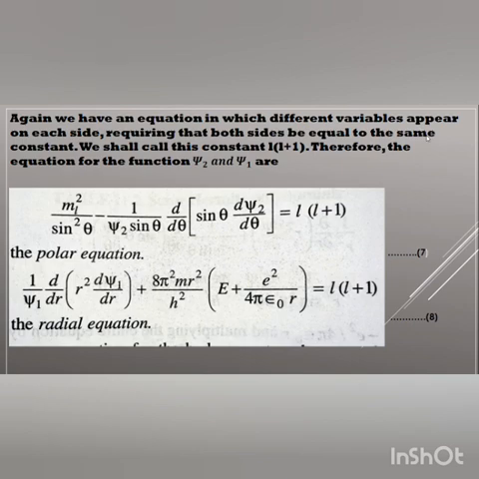Therefore the equations for the functions psi 2 and psi 1 are: m square L by sine square theta minus 1 by psi 2 sine theta del by del theta sine theta del psi 2 by del theta equals L plus 1, which is the polar equation, and 1 by psi 1 del by del r square del psi 1 by del r plus 8 pi square m r square by h square e plus e square by 4 pi epsilon naught r equals L plus 1, which is the radial equation.